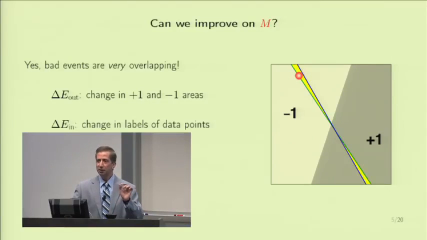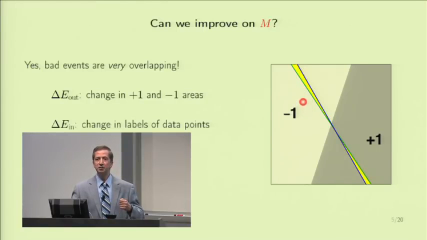Now, the chance of a point falling here is small. So you can see why we are arguing that the change in delta out and the change in delta in is small. The area is small, and the probability of a point falling there is small. Moreover, they are moving in the same direction, because the change depends on the area of the yellow part.